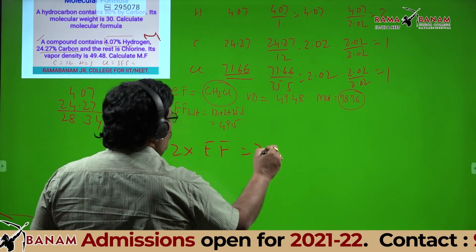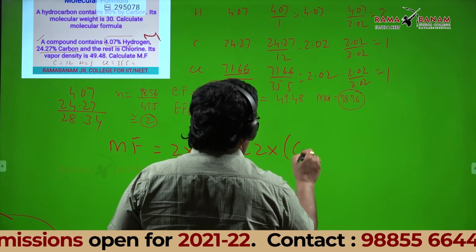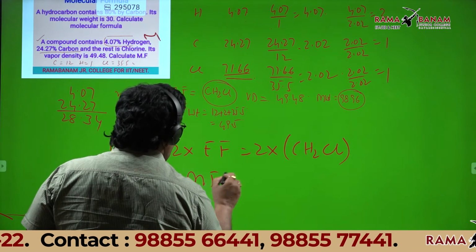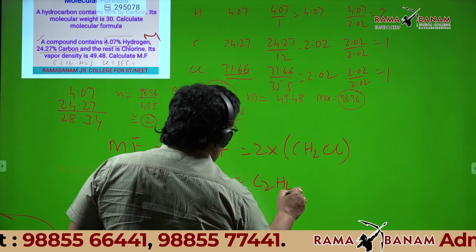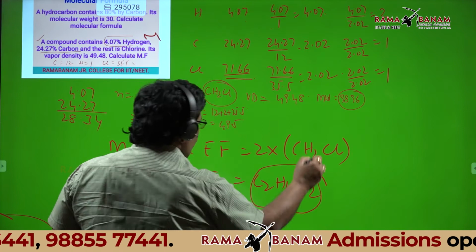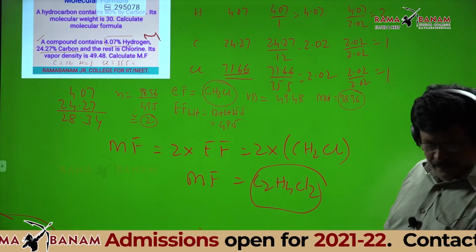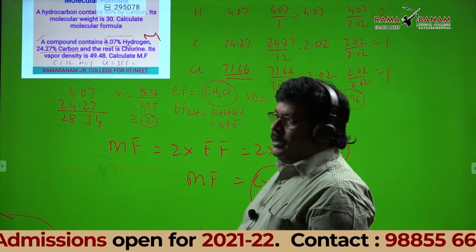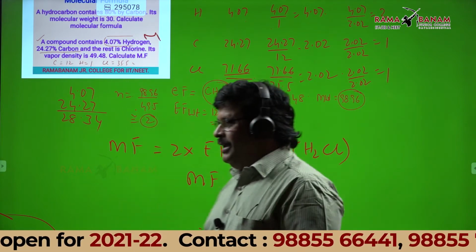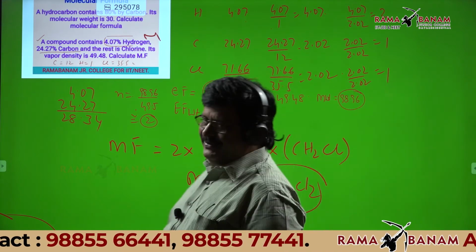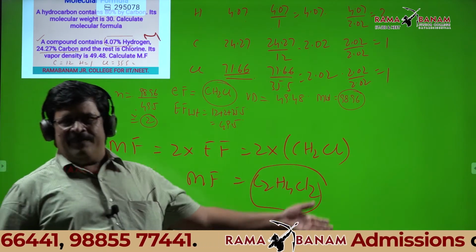We got the empirical formula CH2Cl, so the molecular formula is C2H4Cl2, dichloroethane. Yes, sir. Okay.